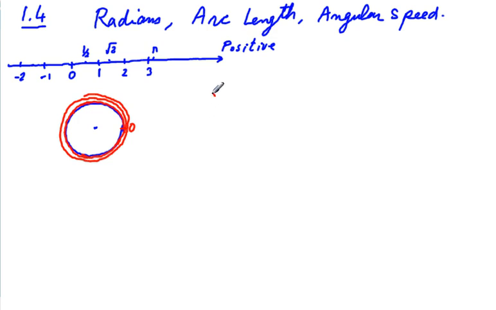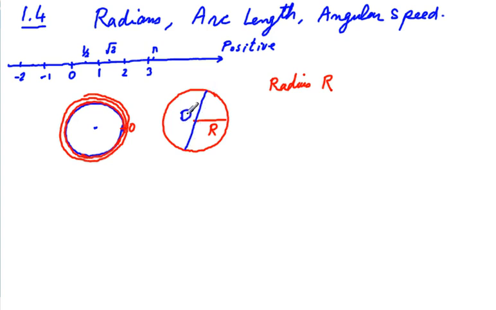The basic thing that we need from elementary geometry is a relationship between the circumference of a circle and its radius. So a circle can be described by a variety of measurements. You can talk about its radius, r. Sometimes you want to talk about its diameter, d.